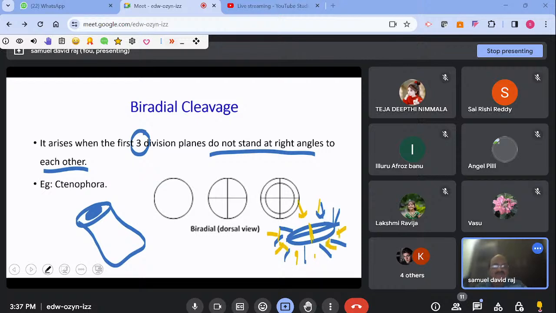So if you cut the animal through this axis in any plane, the same axis in any plane, it can form two equal halves. Thus it forms one radial cleavage plane.